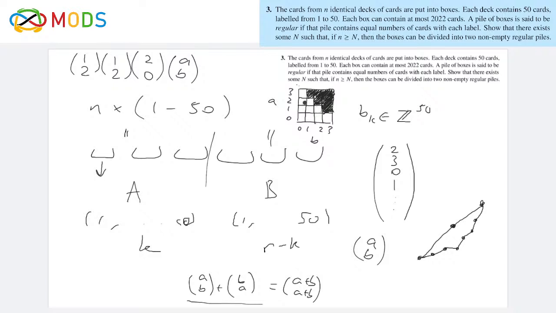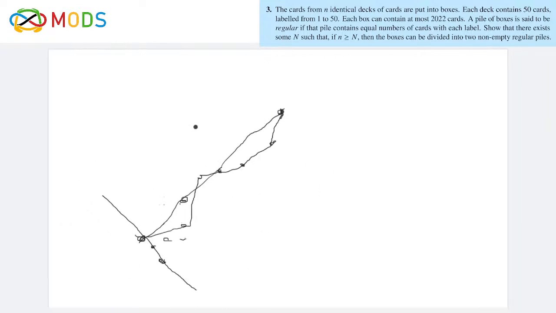Wait, if you take the 2D thing and project it on this line, right? Which line? This line. Come to the next slide. This one. Project it here.